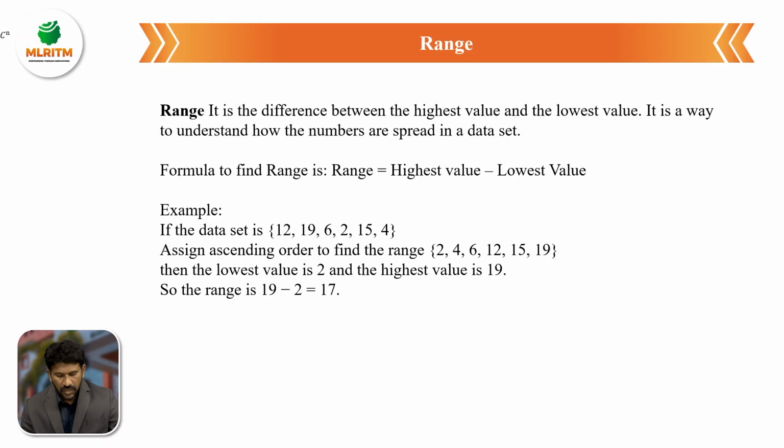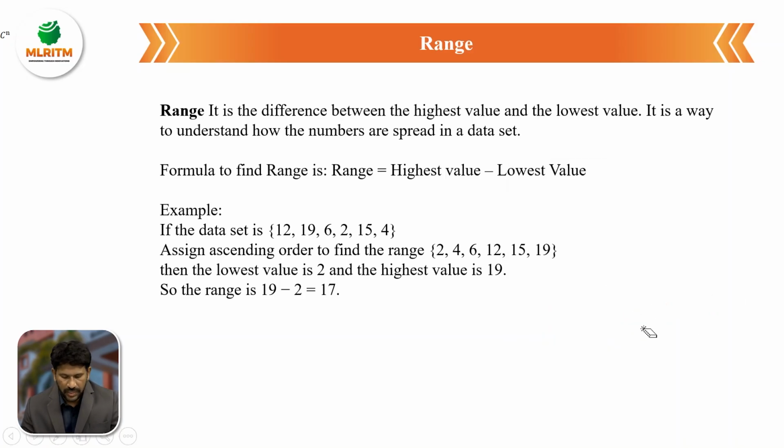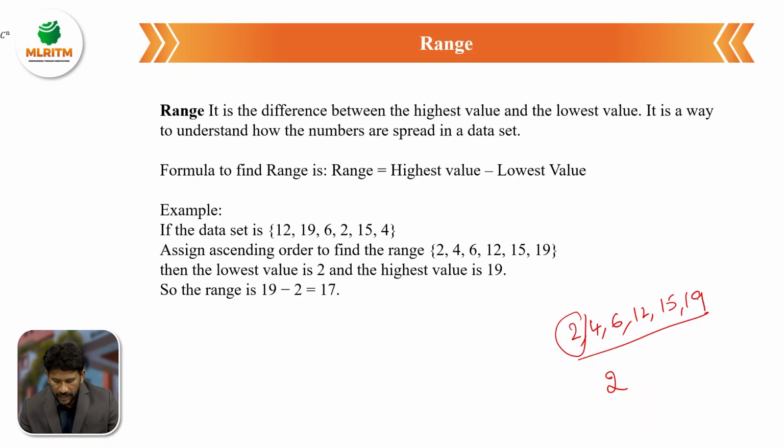In the given data set 12, 19, 6, 2, 15, 4, first we arrange the data in ascending order: 2, 4, 6, 12, 15 and 19. The lowest value is 2, and the highest value is 19.